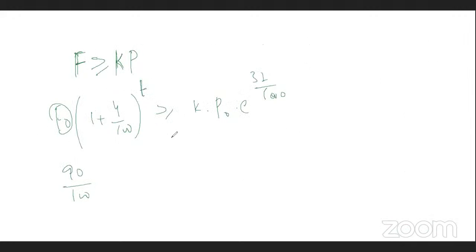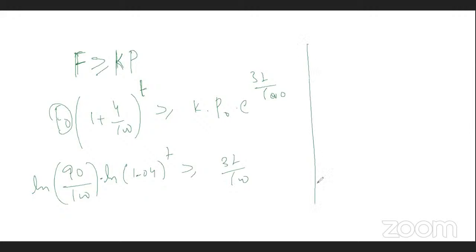Now I want to apply logarithm with base e. That is ln of 1.04 whole power T greater than or equal to 3T by 100, and here also ln 90 by 100. So ln 90 minus ln 100 is greater than or equal to, if you take T as common, T times 0.03 minus ln 1.04.